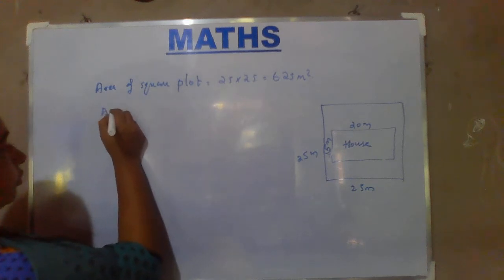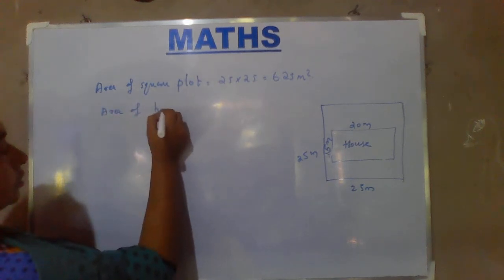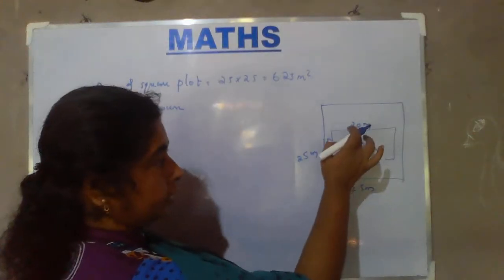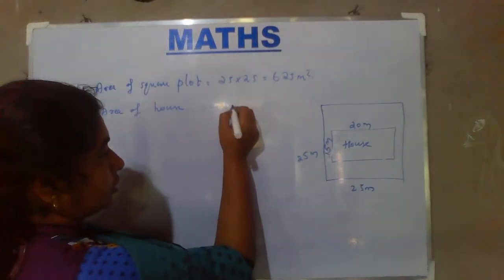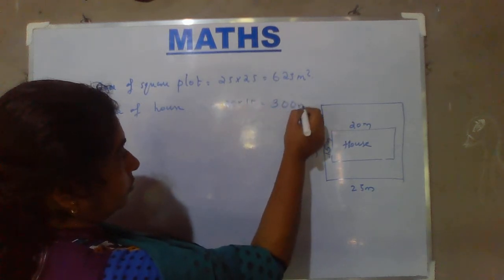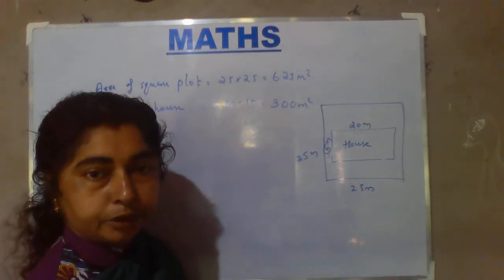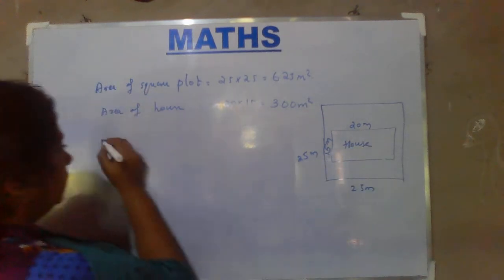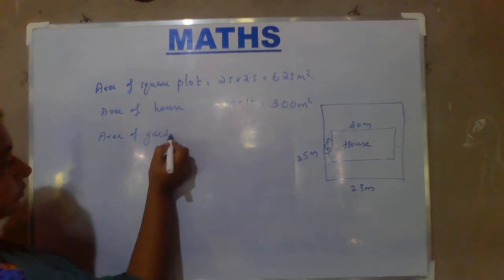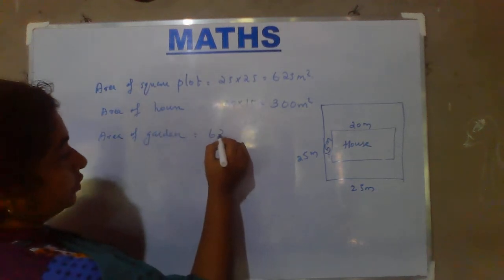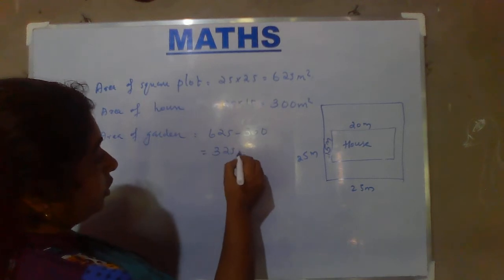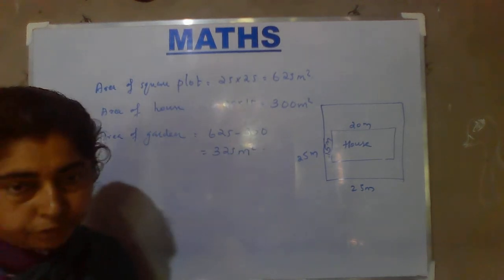Area of house: it is a rectangular plot, so its area is length into breadth, that is 20 into 15, 300 square meter. Then area of garden is 625 minus 300, that is 325 square meters. That will be the area of garden.